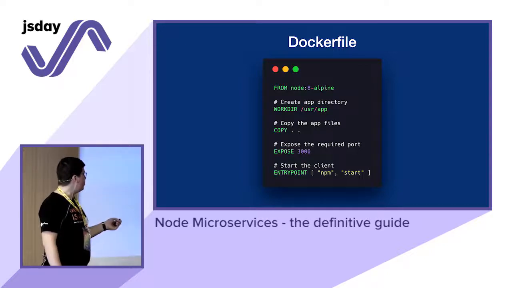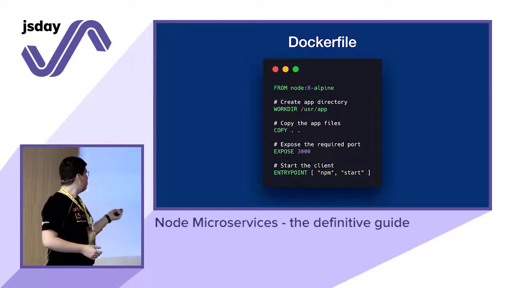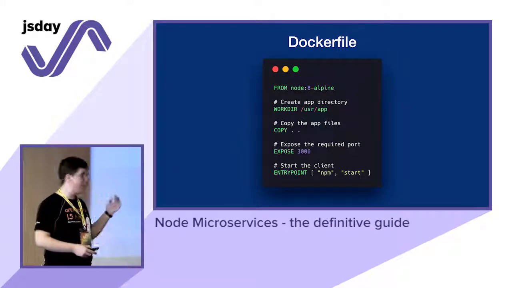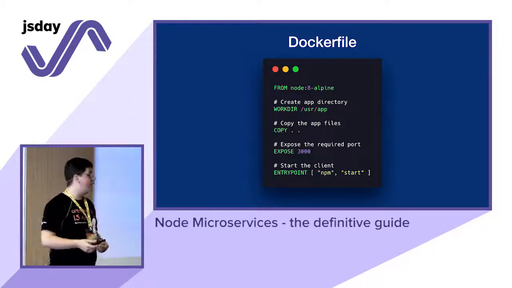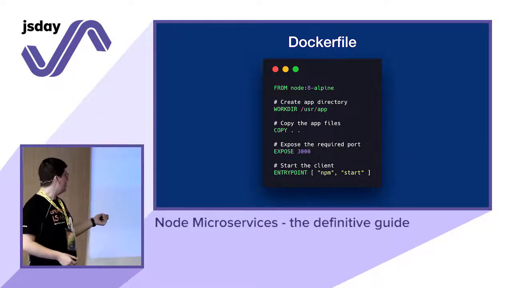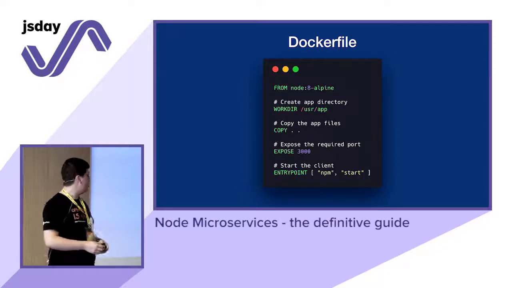Next, inside your container you want to create a working app directory. It can be /usr/app, it can be whatever you want. Next, you want to copy the files from your local system inside the container using the dots. So you say copy everything to everything, copy everything to the container.